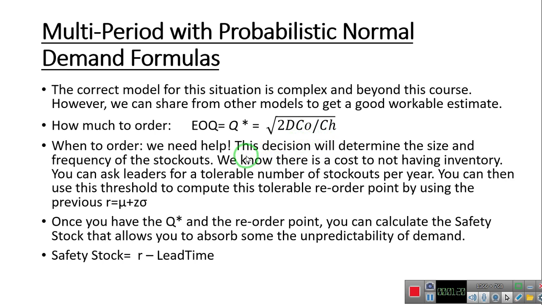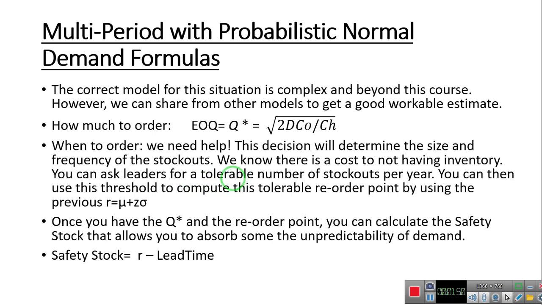That's going to give us the how much and when to order. When to order is going to be a little more difficult because we know that we're going to have stockouts, back orders. So we need some help. We need to ask our leaders what is acceptable to them in terms of stockouts. How many stockouts are they willing to tolerate?